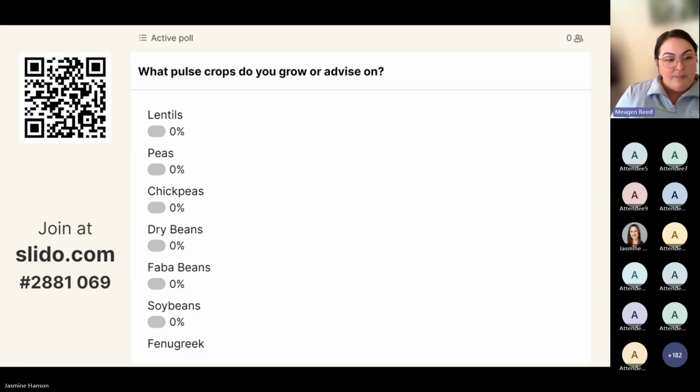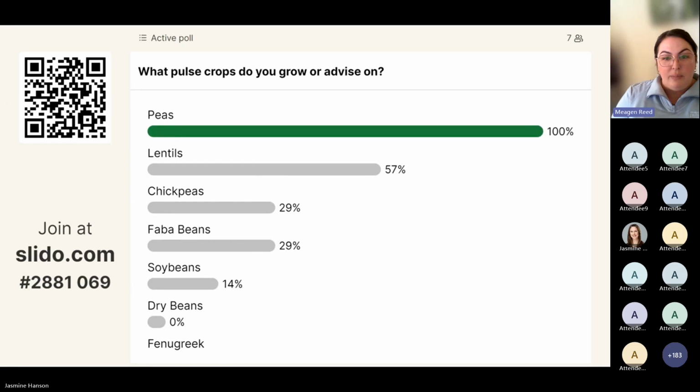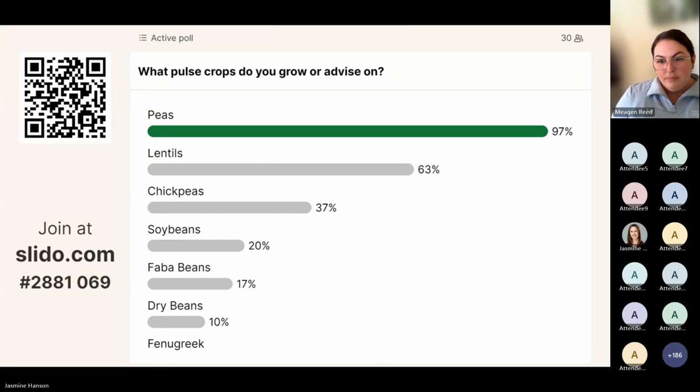Question 1. What pulse crops do you grow or advise on? Now you can please log into Slido and answer our poll question. We'll give this a few minutes for everyone to answer and get signed up and logged into Slido.